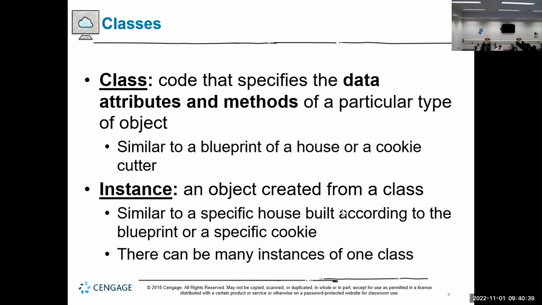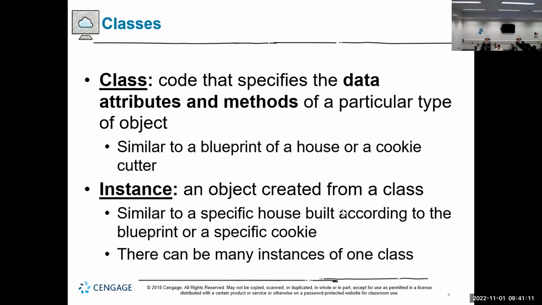Now you have an instance. An instance is an object created from the class. So you are the one who defines the class. We are the ones who code and define the class, right? When we have the class, we can use it to generate instances, the same as when we define a function, we can use the function whenever we want. So an instance is an object created from a class, similar to a specific house built according to the blueprint.